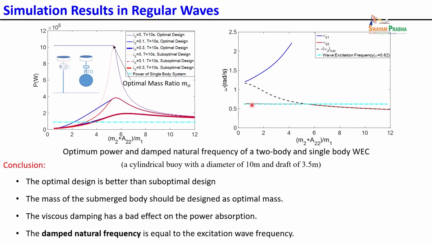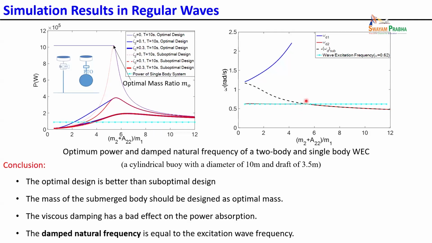This one, draw this line, damped natural frequency. And this is the best power case, it happens here, right? The best power case happens here. One natural frequency goes up, another natural frequency goes down.